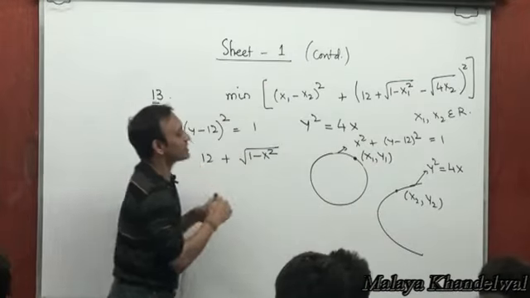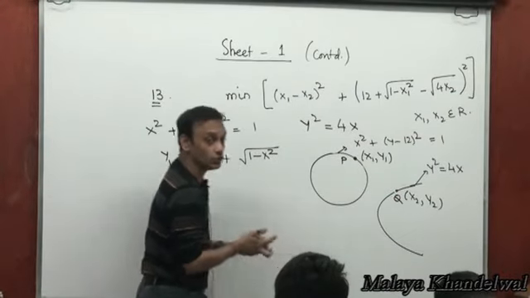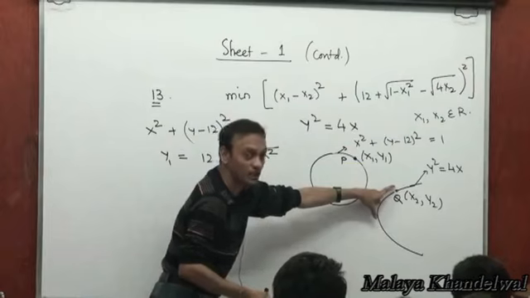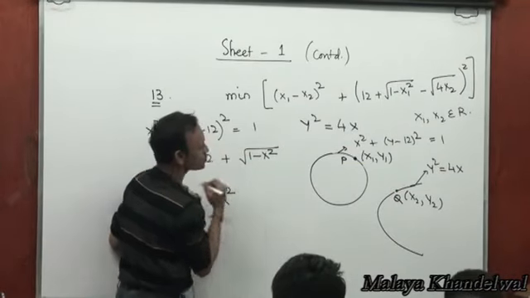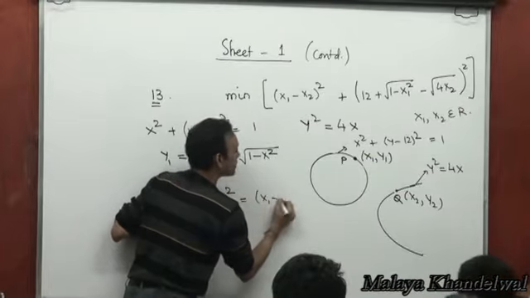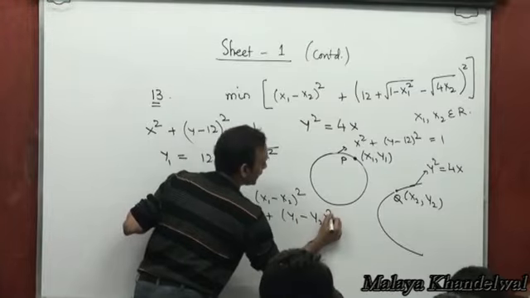you then realize that the distance between P and Q, any point on the circle and any other point on the parabola, the distance PQ squared, is going to be x1 minus x2 whole squared plus y1 minus y2 whole squared.